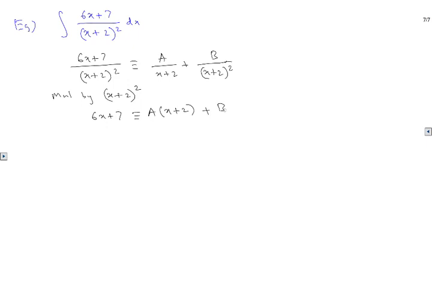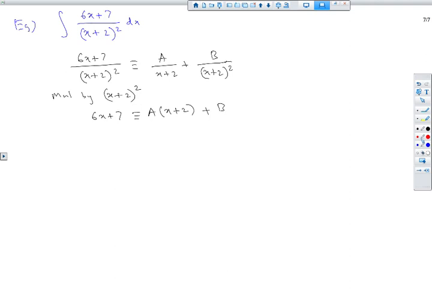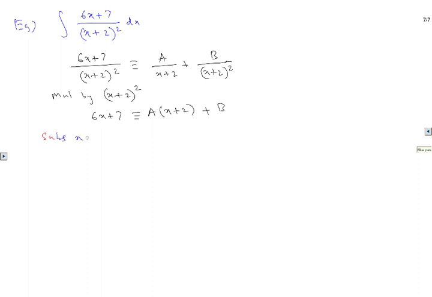In this case it's easy to find b first, so we substitute x equal negative 2. If we do that, you're going to get 6 times negative 2 plus 7 equal a times 0 plus b. So what do you get for b?